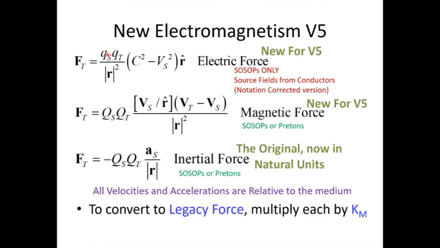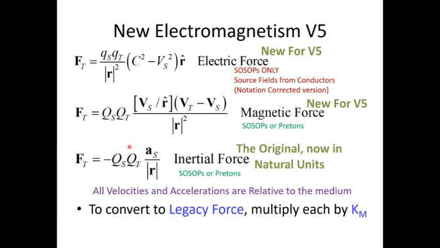Okay, and this has been slightly corrected from the version in the paper. I didn't have this notation, and I forgot to put the little s on the V in the paper. So this is a corrected form of what's in the paper. And all velocities and accelerations are relative to the medium. And to convert to legacy force, multiply each of these by Km. These two are new for New Electromagnetism version 5.